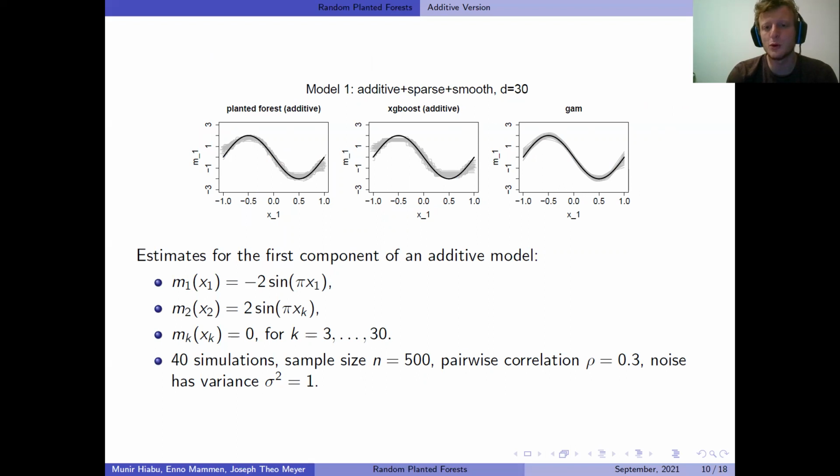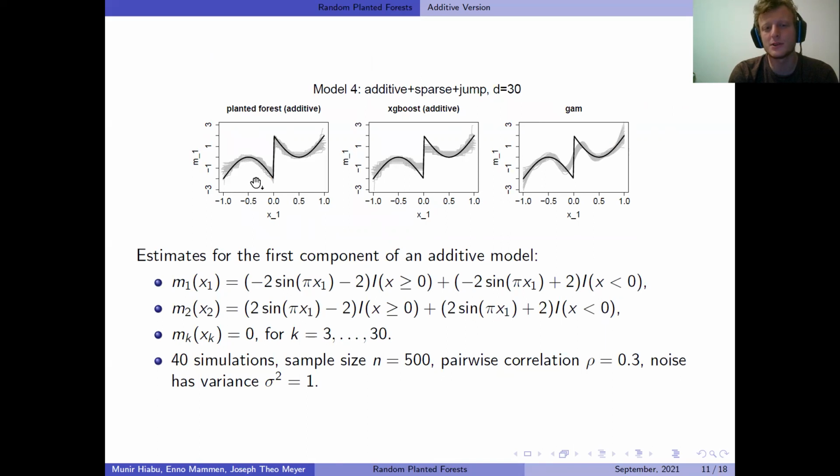As I said before, these additive models can be used for visualization of the estimators provided. And here you can see that in a smooth case, our estimator does quite well compared to its competitors, whereas here a smooth version of some spline-based method is a bit better than our method.